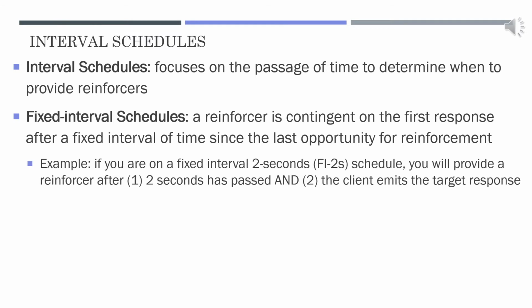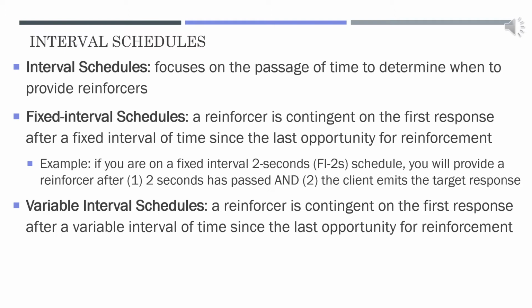For example, if you are in a fixed interval of 2 seconds or an FI 2 seconds, you will provide a reinforcer after both the passage of 2 seconds and after the client emits the target response. This means you need both the 2 seconds to pass and for the response to occur after the 2 seconds have passed for the client to receive the reinforcer.